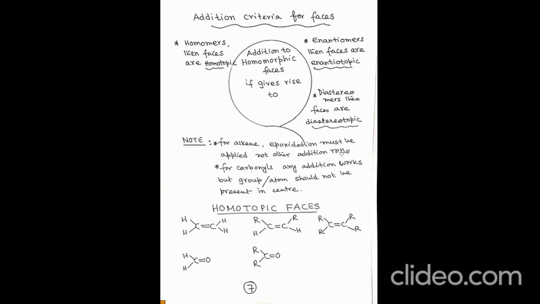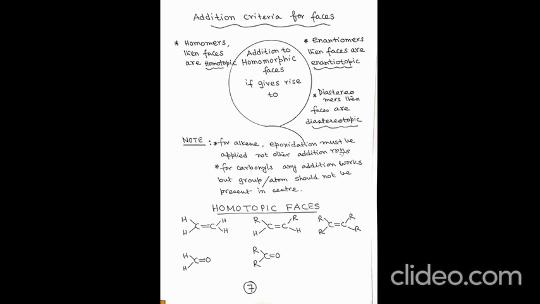Now after successfully applying epoxidation in case of the two faces of an alkene, or any addition in case of the carbonyls, whatever two products we get, if they are homomers, then the two faces will be homotopic. If these two products are enantiomers, then the two faces will be enantiotopic.